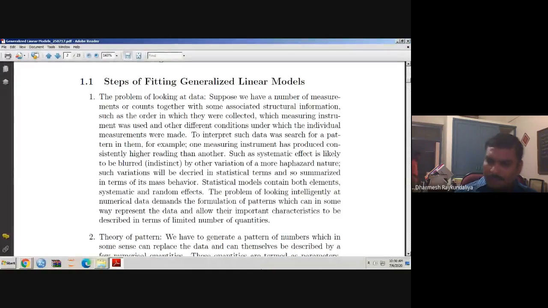And that is what, in the second semester in classical linear models and regression analysis, we used the theory of least squares, where we minimized the error sum of squares, or you can say the residual sum of squares, and obtained the best estimate of the parameters which are available in the systematic part to give the best prediction of the response.